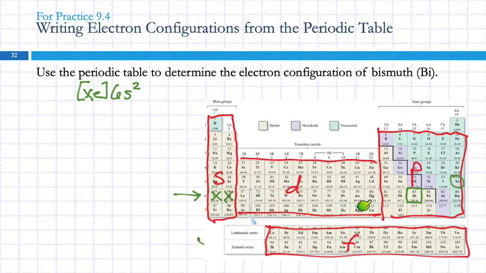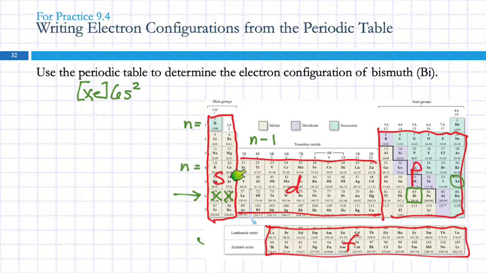Now we come to D. We haven't come across D before. In the energy ordering, there was some misordering, right? And so for these D ones, these are n minus 1. So the row number is the same as the principal energy number.